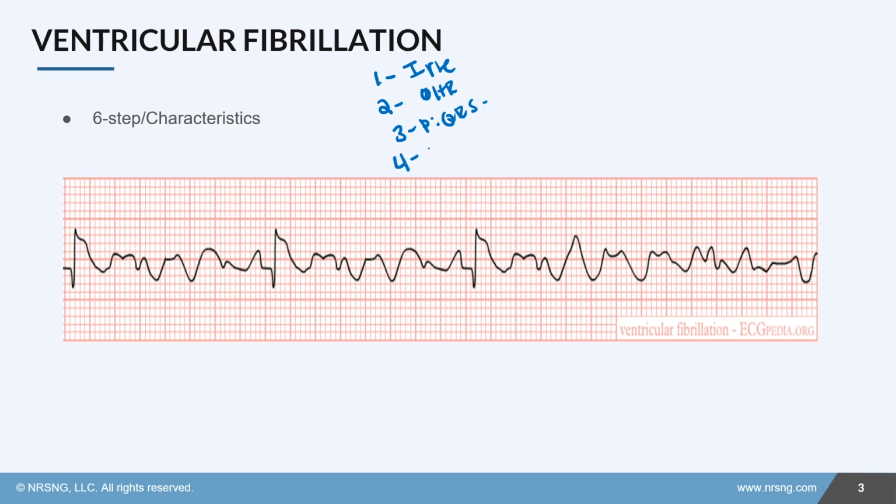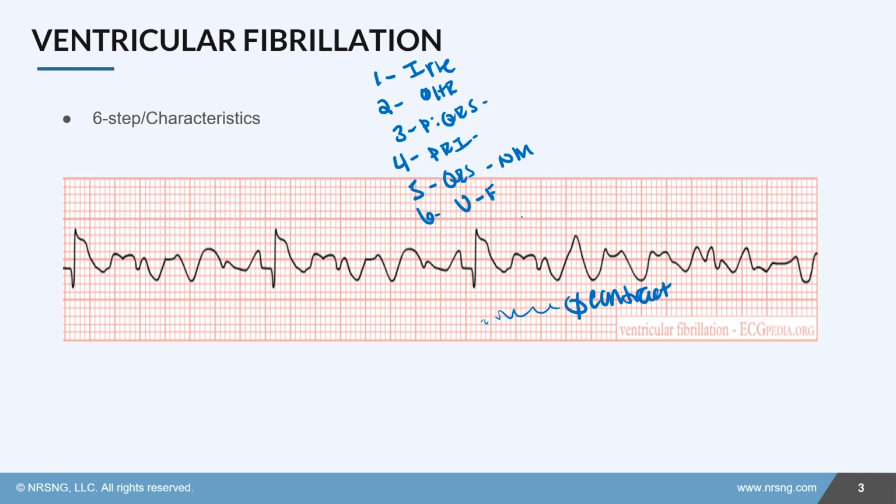Number 4, the PR interval, not measurable because there's no way to be able to look at that. Number 5, the QRS complex. The ventricles are just quivering. It is not contracting. So there is no QRS complex. It is not measurable. Step number 6, when you see all this, it is obviously VFib.